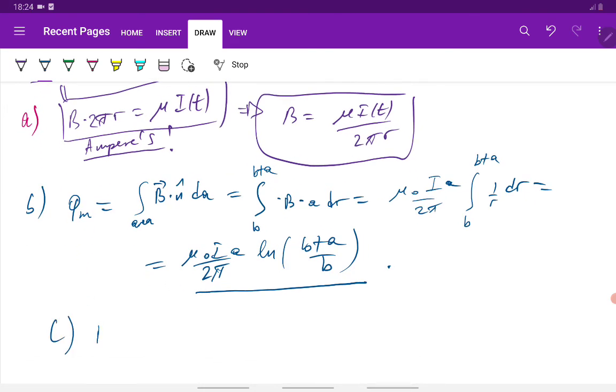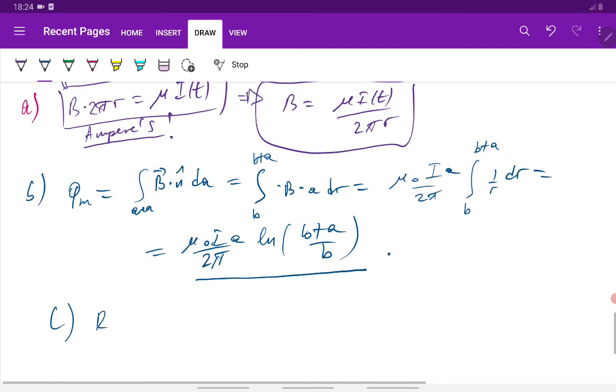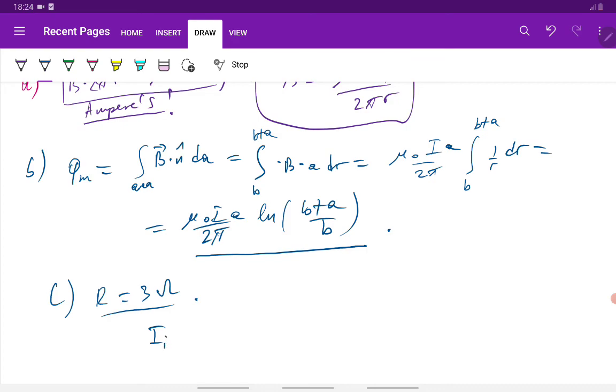Now problem C: we are given a resistance of 3 ohms, and we need to find the induced current. The induced EMF is mu 0 I a over 2 pi times t, ln of (b plus a) over b.